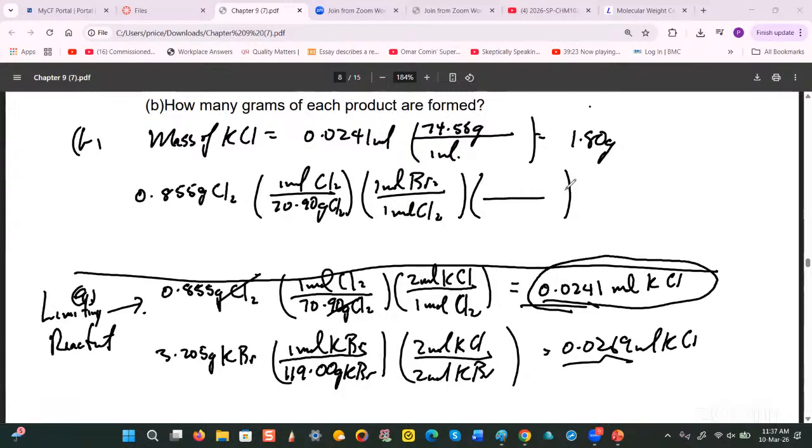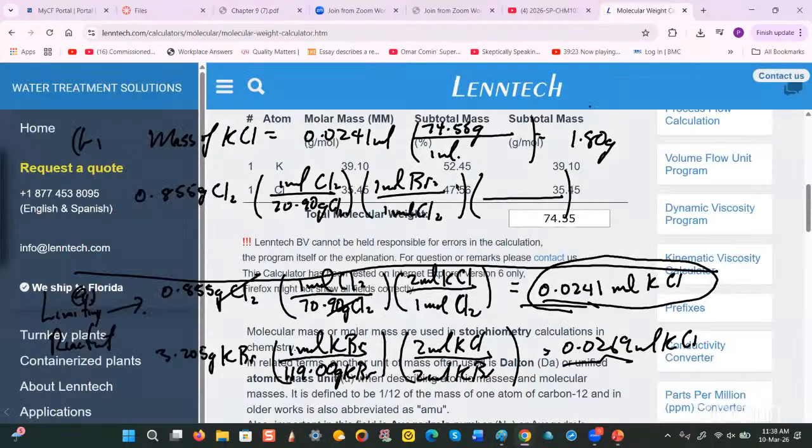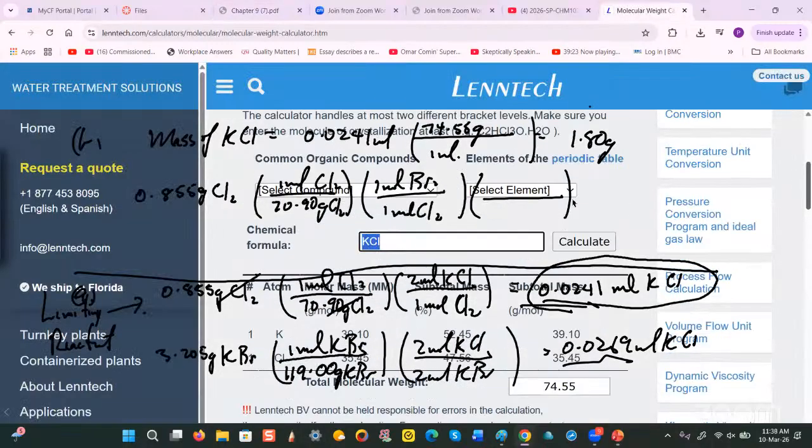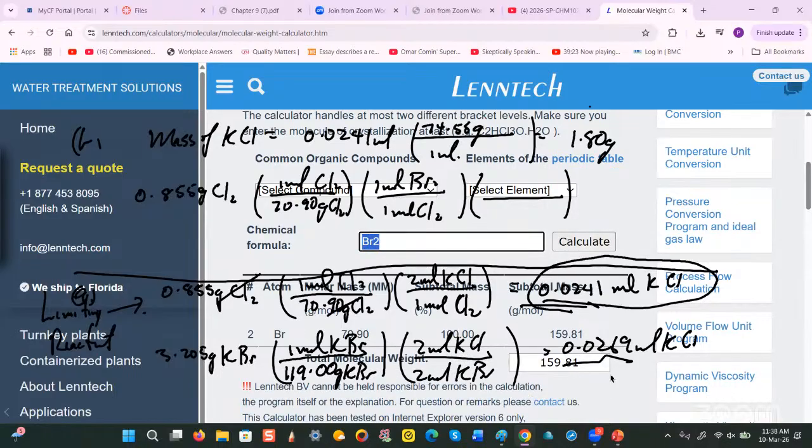So let me go back to my calculator here. Bromine, Br2, 159.81 is the molar mass of Br2.